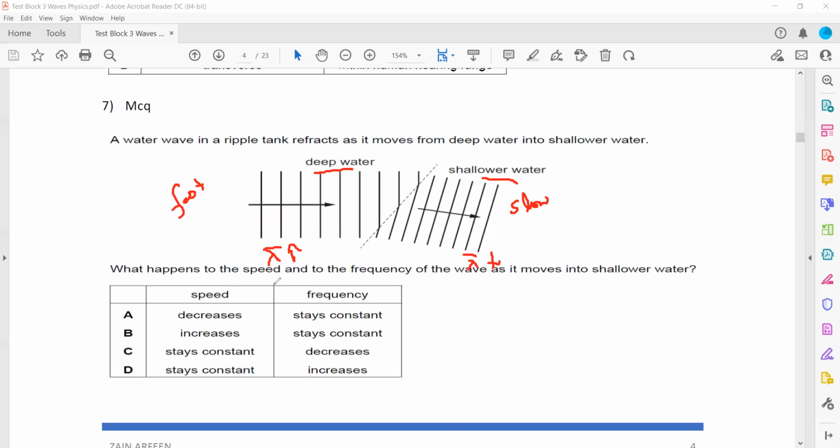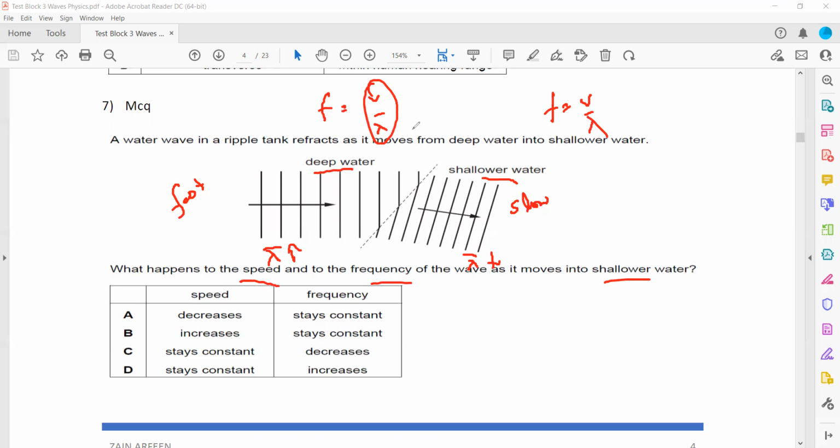So what happens to the speed and the frequency of a wave as it moves into a shallow region? The frequency of a wave does not change. Frequency is a ratio between speed and wavelength. The ratio between speed and wavelength in a deep region will always be the same as in a shallow region. So the frequency does not change.